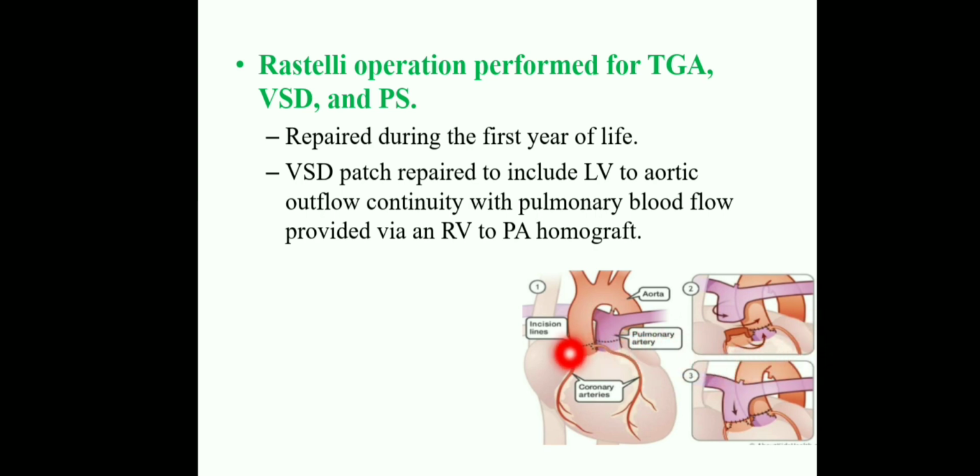So first they are doing the VSD patch repair and they should maintain the left ventricular aortic outflow properly, with the pulmonary blood flow provided via the right ventricle. So here they are doing the pulmonary artery homograft, the grafting, it is replacing. Okay, look at this image, they are doing the grafting.